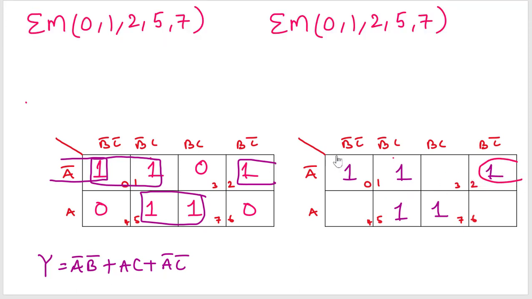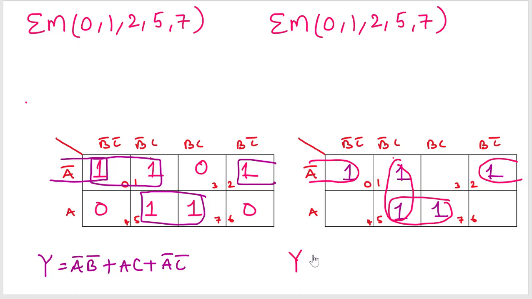This one and this one can form a pair. Now instead of forming these two as a pair, I am forming these two as a pair and these two as a pair. You can see that for the same K-map we now have a different combination of pairs. In the previous case this pair was along this direction, now it is along this direction.